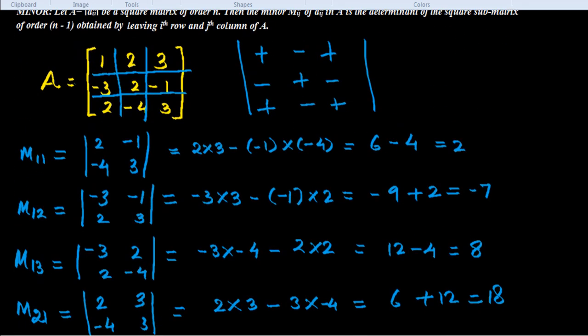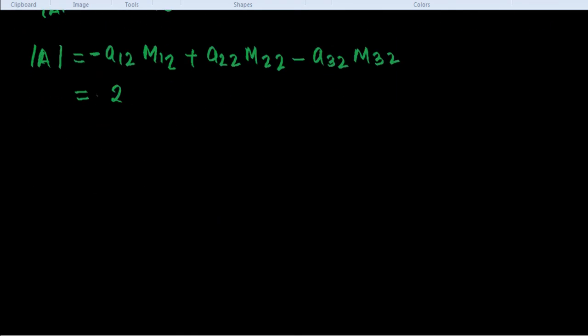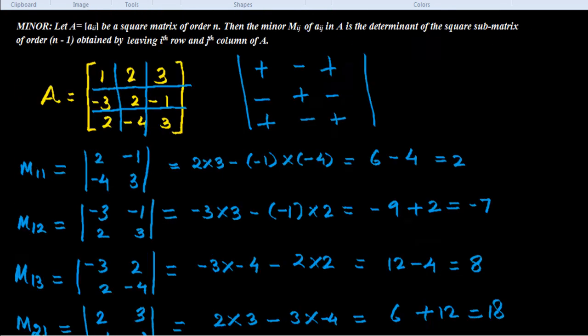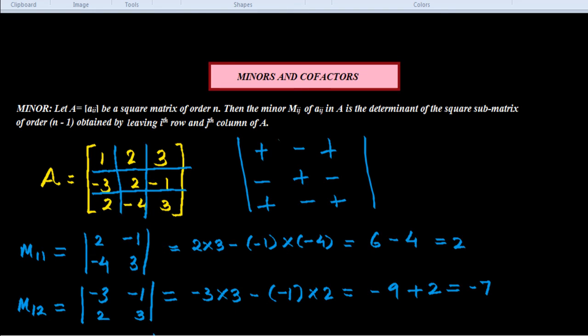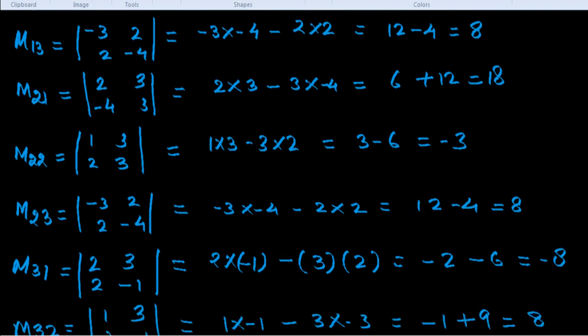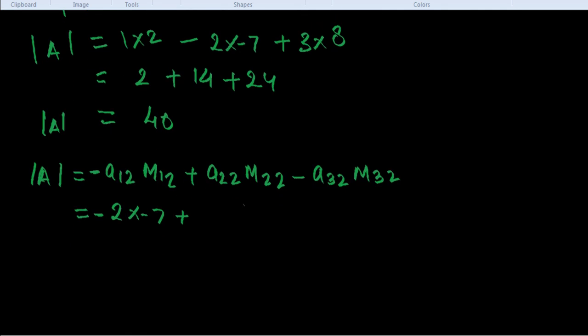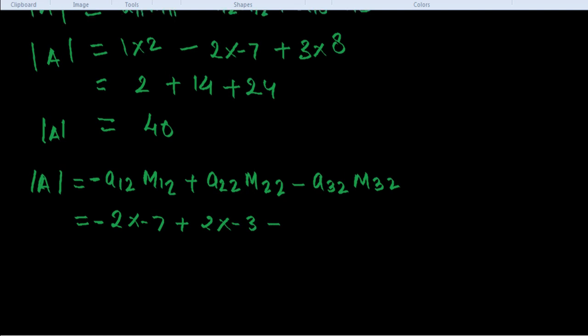Now we look at what happens if we put in these values. A12 is 2 and M12 is minus 7. So 2 multiplied by minus 7. The minus sign is already there, so 2 multiplied by minus 7. A22 is again 2, and M22 is minus 3, so 2 into minus 3. Now negative sign, A32.